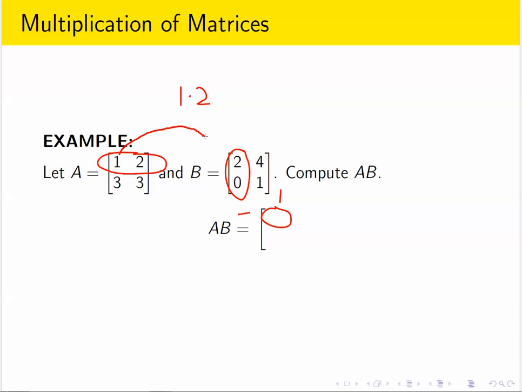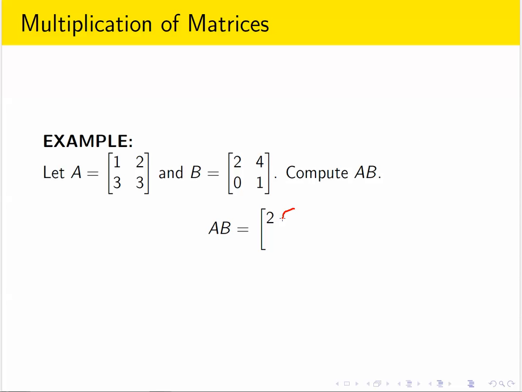So I take those entries that match each other, the first number from each list, and I multiply them together. Similarly, I take the second number from each list and multiply those together. So that's 2 times 0. After I've computed all of those products of numbers, I just add the results. So 1 times 2 plus 2 times 0 should equal 2. And that's the entry that goes into the first row, first column of A times B.